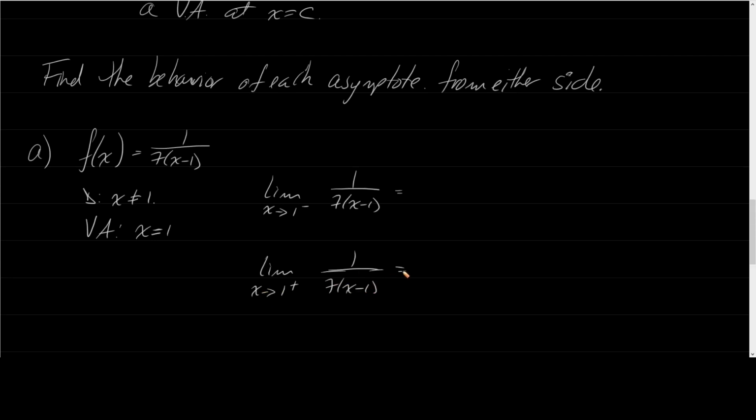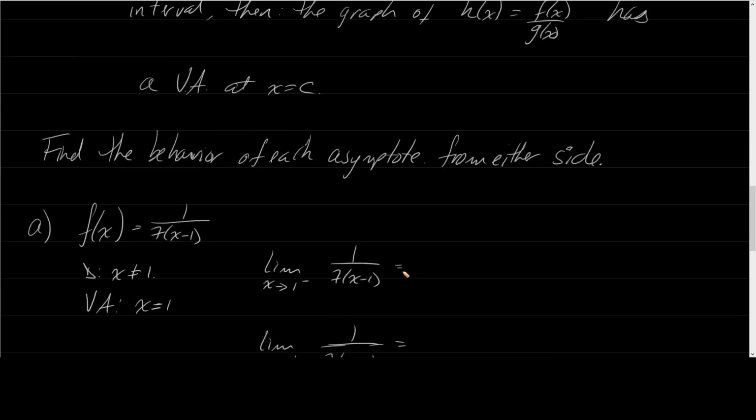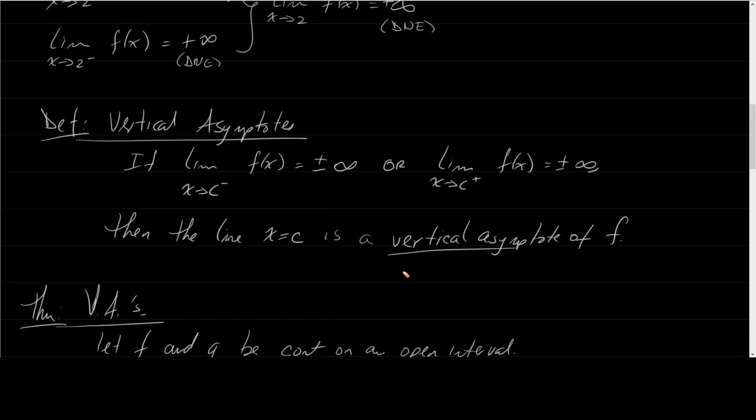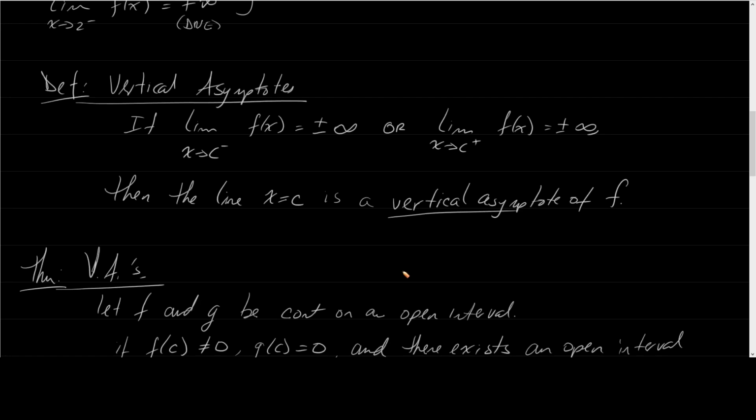Now here's the thing about vertical asymptotes. Let me scroll up for a second. In this definition, we know that if it's going to be a vertical asymptote, that's because the limit went to positive or negative infinity. It's the only way it's going to be a vertical asymptote.